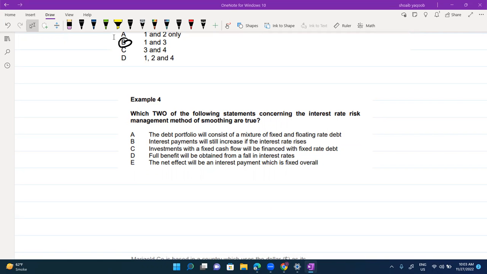No, half benefit will be received, because half of the debt will be fixed. वो तो उसका तो interest rate हिलेगा भी नहीं. The net effect will be an interest payment which is fixed overall. नहीं, overall fixed नहीं है, half fixed है. So the answer is A and B.